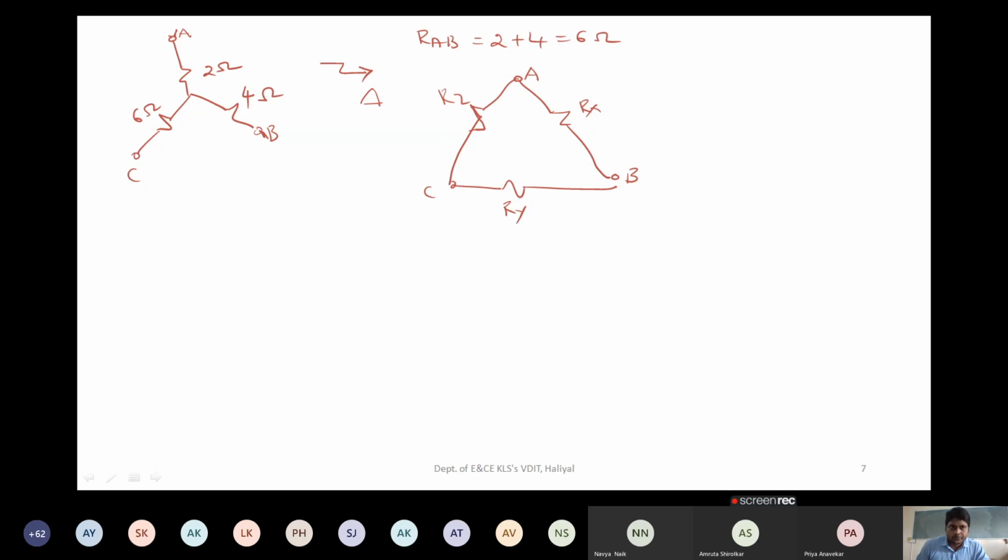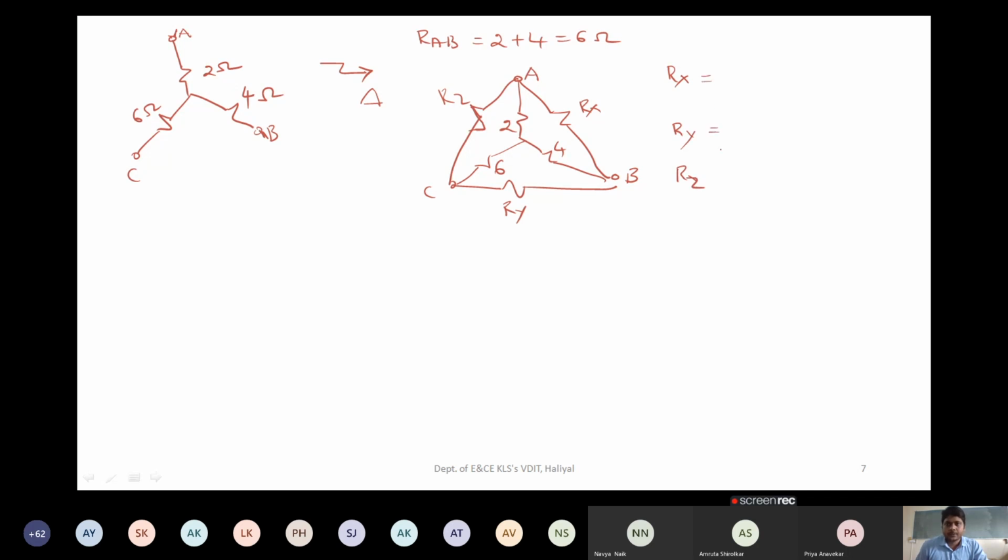So I have the values already. If I superimpose this here, I have 2, 4 and 6. Okay. So what will be Rx now? And what will be Ry? And what will be Rz?